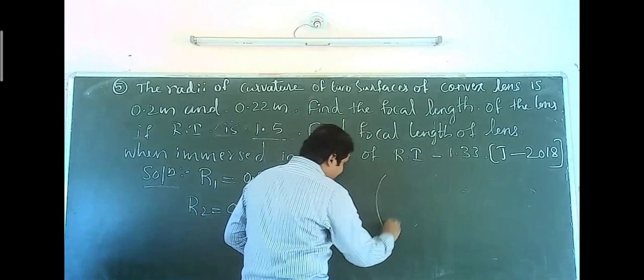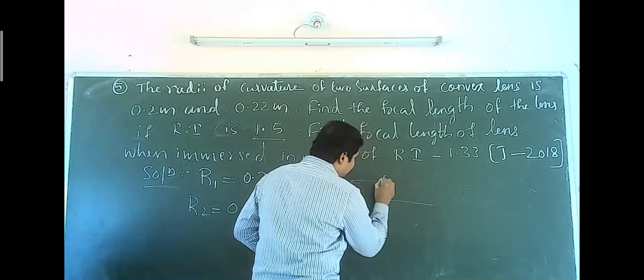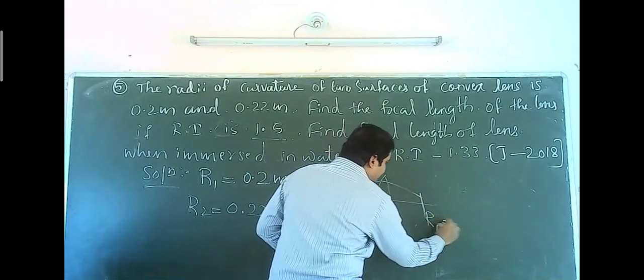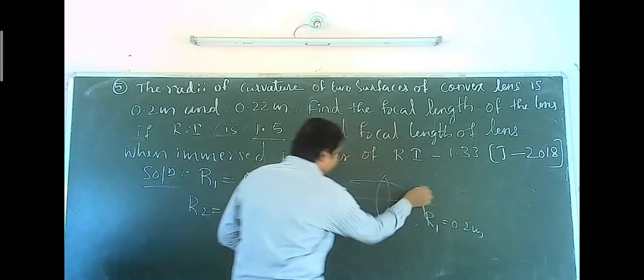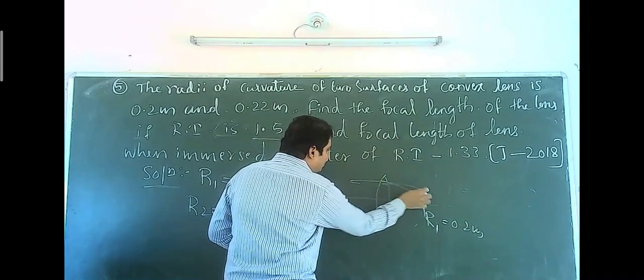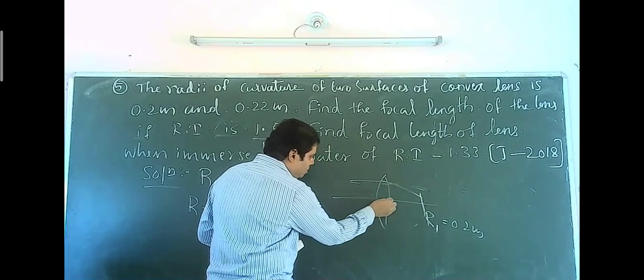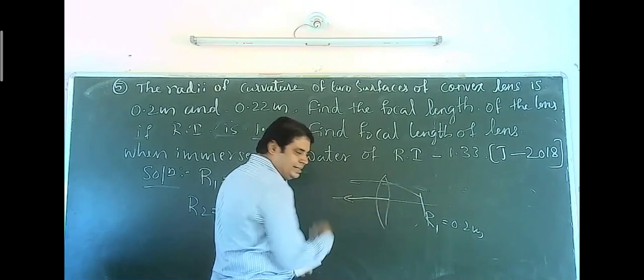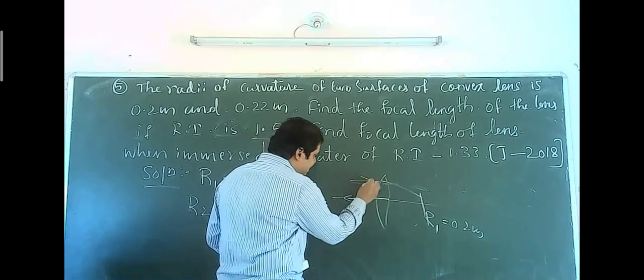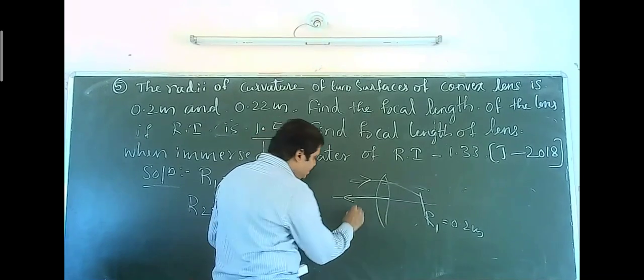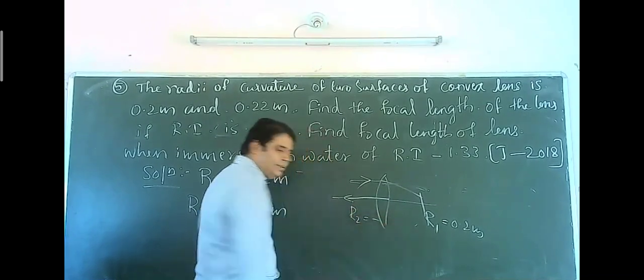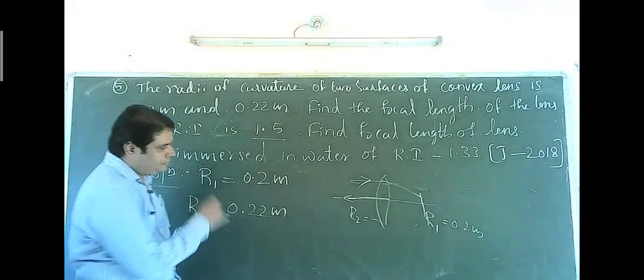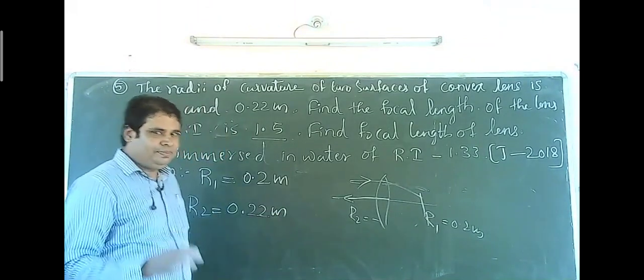I will draw here. This is R1, 0.2 meter. If it is so, what about R2? R2 is in this direction, this is the incident ray, so R2 will be negative. Hope you understand. R1 is positive, R2 is negative.